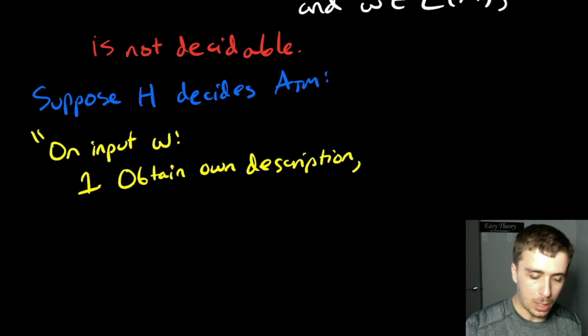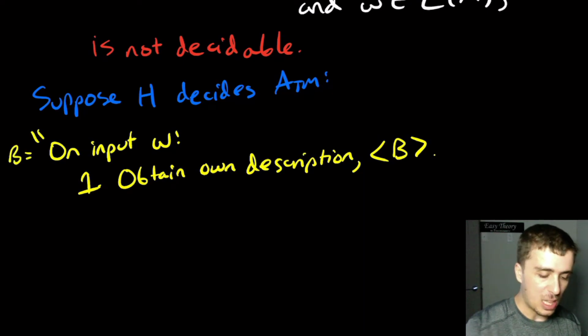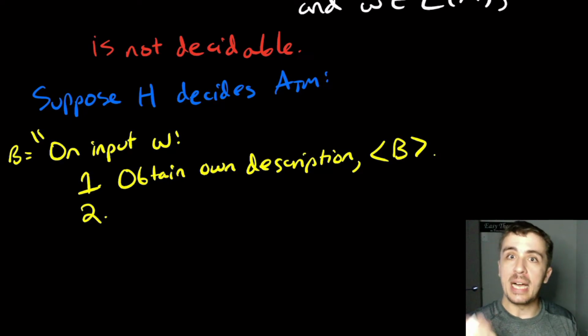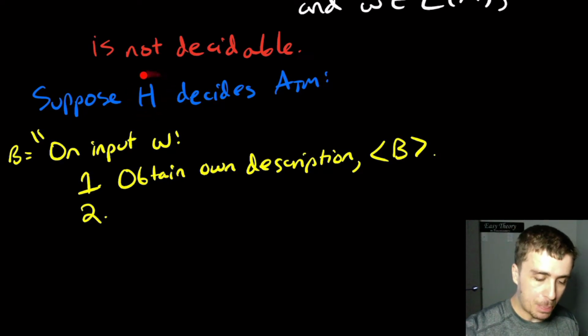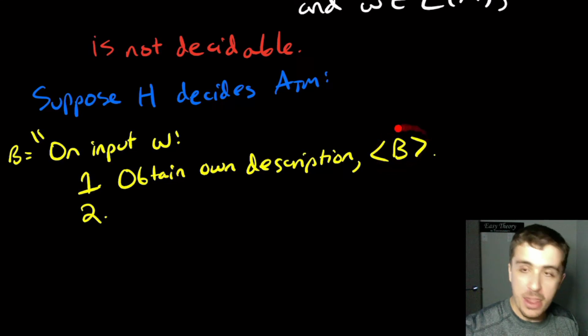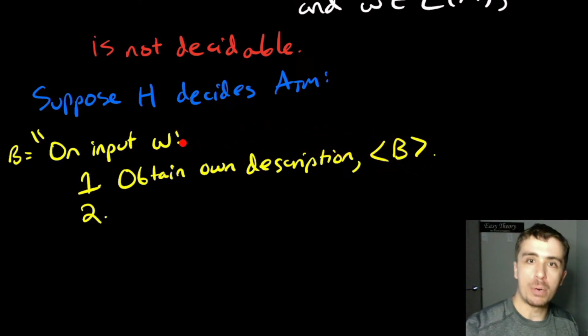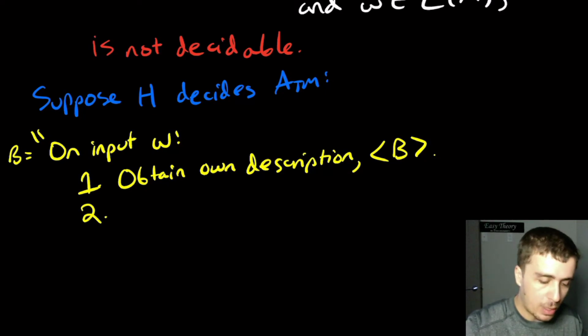And let's call it B, for instance. So this machine, I'm going to call it B. So the second step is I'm going to run this supposed decider H on this machine, and W is a perfectly valid input, so we're allowed to do it.